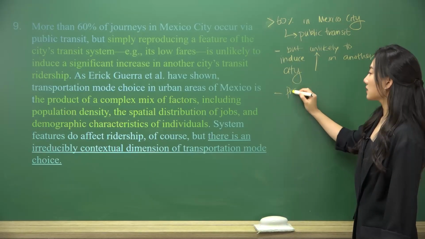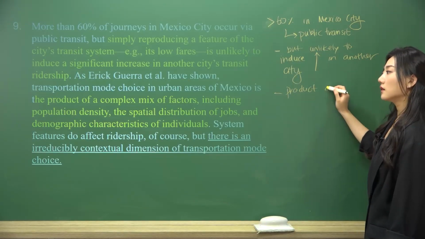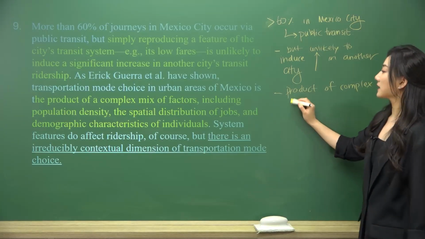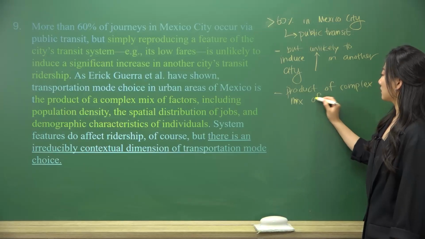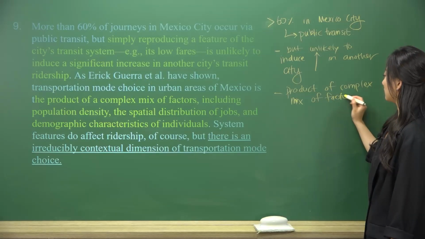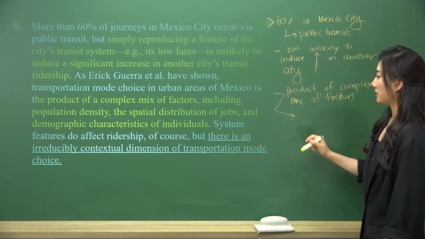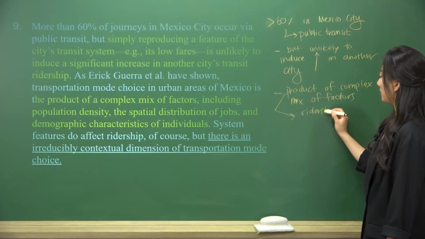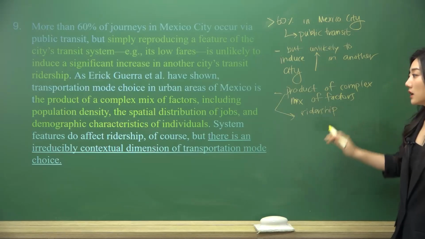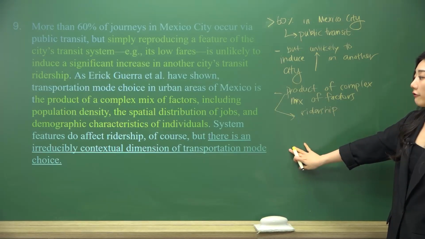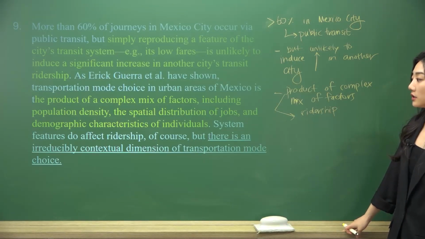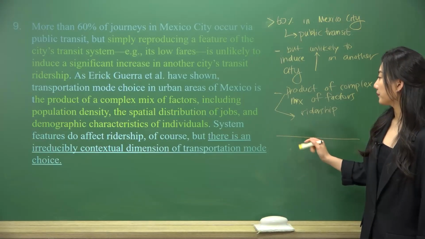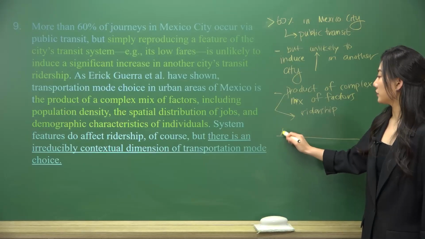It's a product of complex mix of factors. So the ridership is a product of those. System features do affect ridership, of course, but there is an irreducibly contextual dimension. Underlined is going to be, same thing, irreducibly contextual.